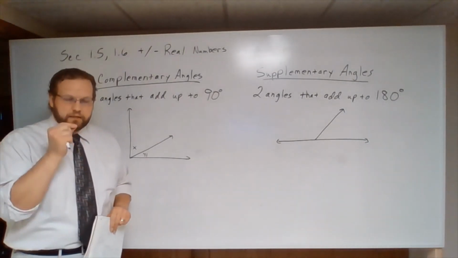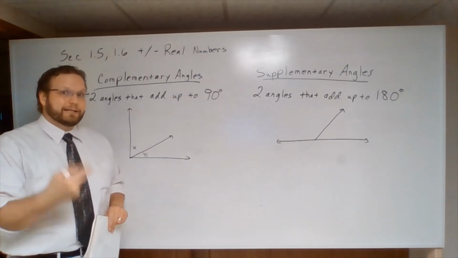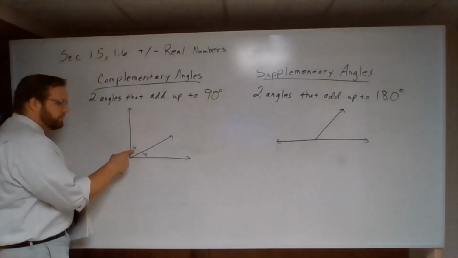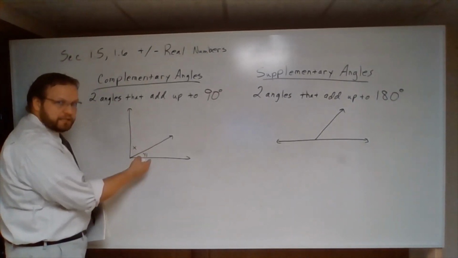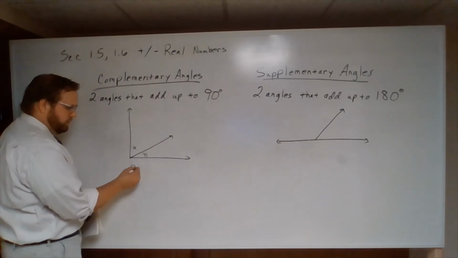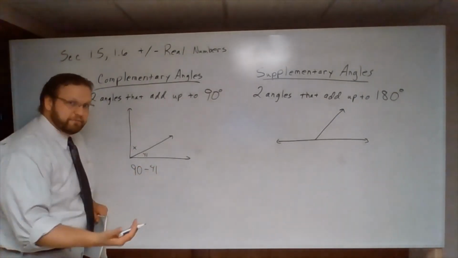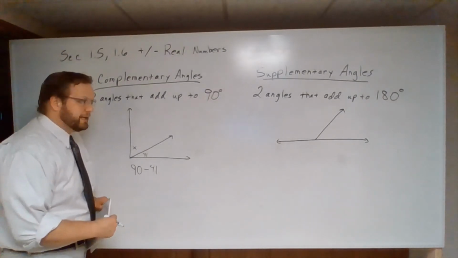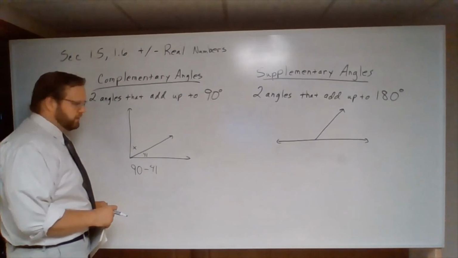That is a very important idea that is going to come up again and again and again. When we look for a leftover, and we know a total of all the pieces, what we can always do is take the total minus what we know to get the leftover. So there's going to be a lot of times throughout this course where I mention the leftover problem. That's what we're talking about here.